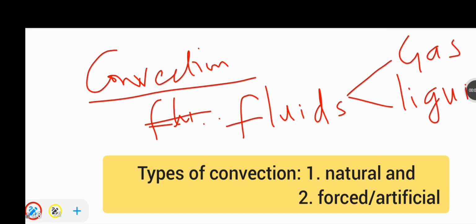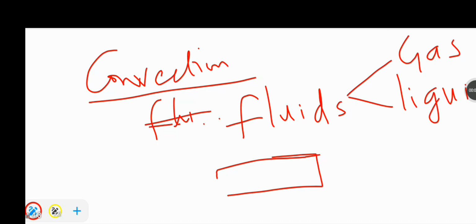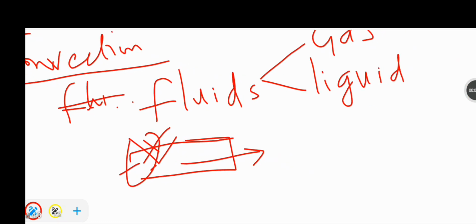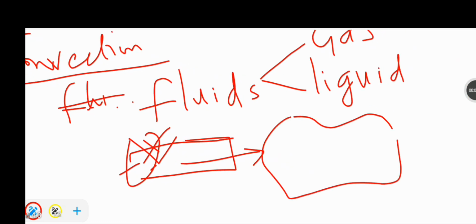Forced convection is what happens in your AC. You have a fan that blows cold air through a pipe. Once that cold air gets to the living room or the parlor, everyone will become cool. So you have a fan that is blowing air. That's forced convection. The fan is forcing the air into the room.